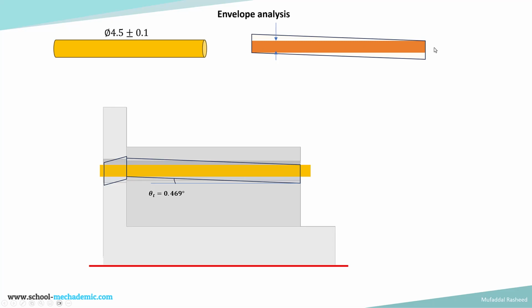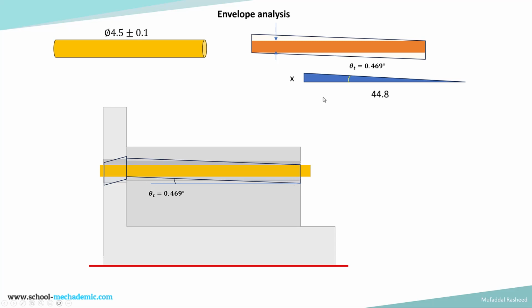So this is the pin and this is the inclined hole, and this is the envelope, and we need to find the size of the envelope. So for that we can find out the distance between this point and this point. Over here the distance between this point and this point can be found out by using the right angle triangle. Because they are alternate angles, this angle will also be 0.469.